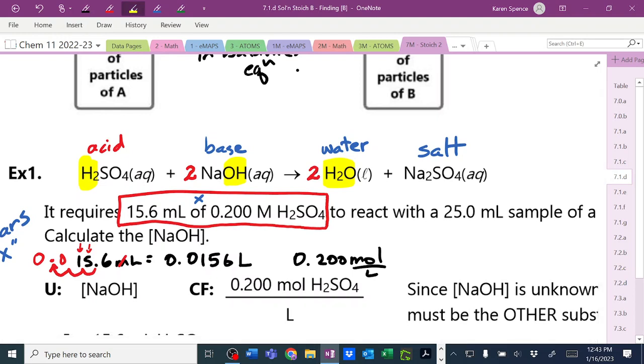It does say calculate the concentration of NaOH, so my unknown is my concentration of NaOH. I have moles per liter, and that is of H2SO4 per liter. And remember, you're going to be using molarity as a conversion factor.